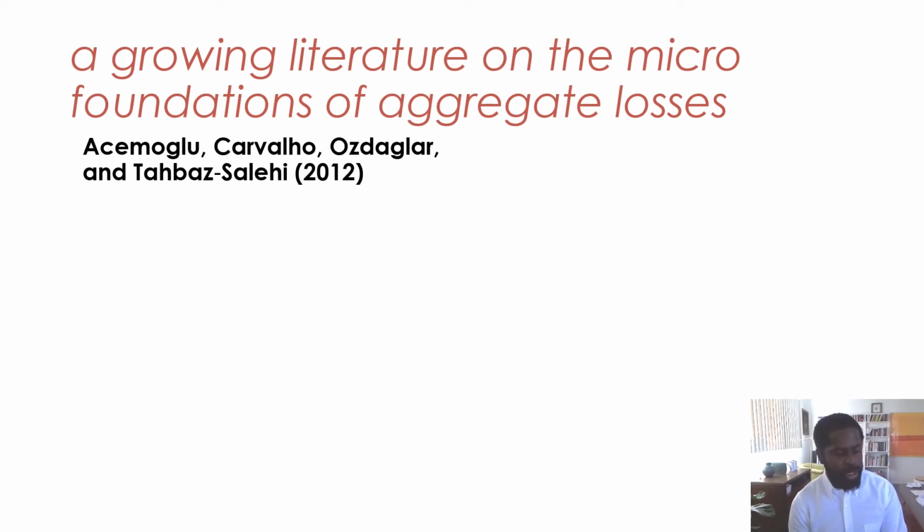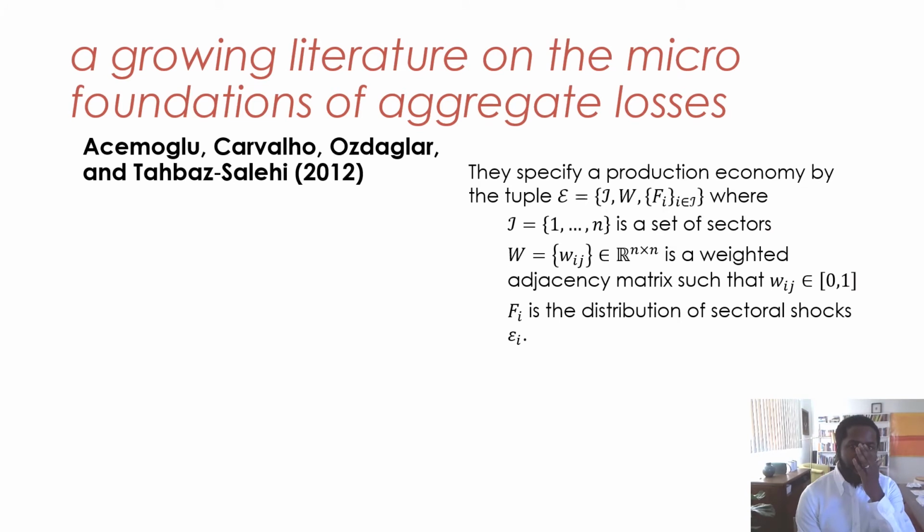sector level shocks. And they specified a production economy as in this model where there's this tuple of a set of sectors and a weighted adjacency matrix W, such that these weights are given by the flows coming from a given sector i to another given sector j, and where F is a distribution of sectoral shocks.